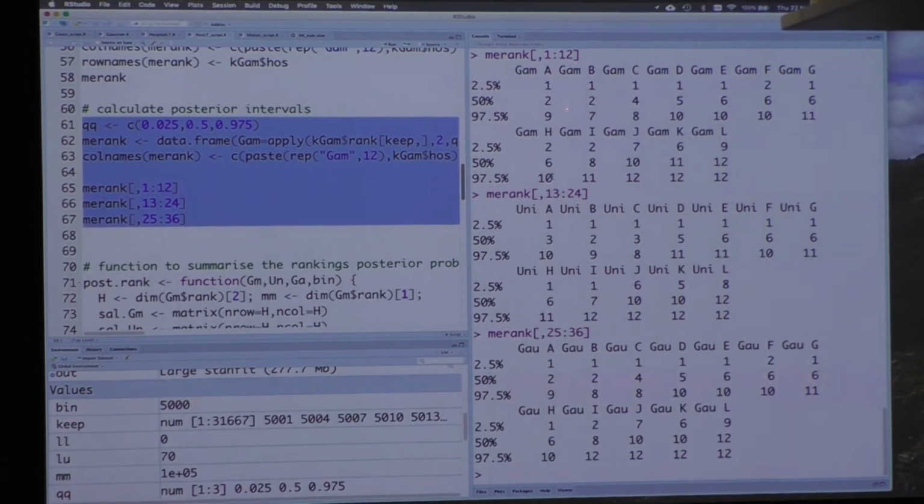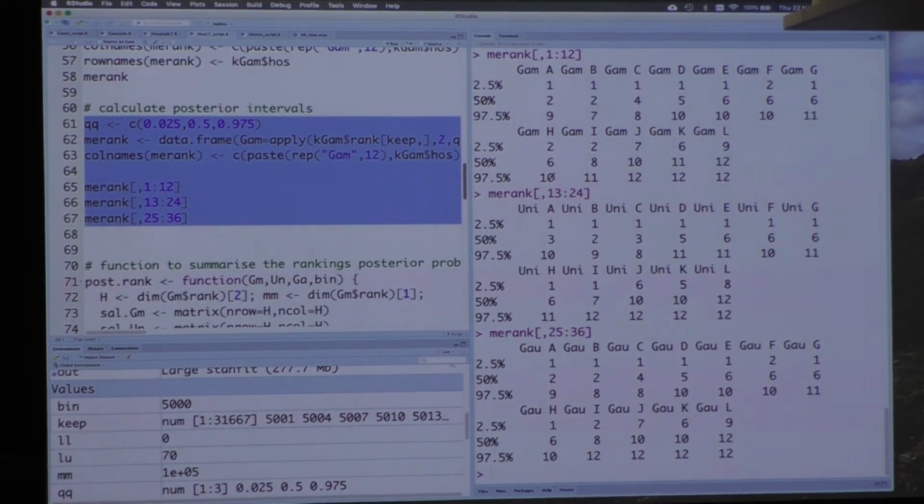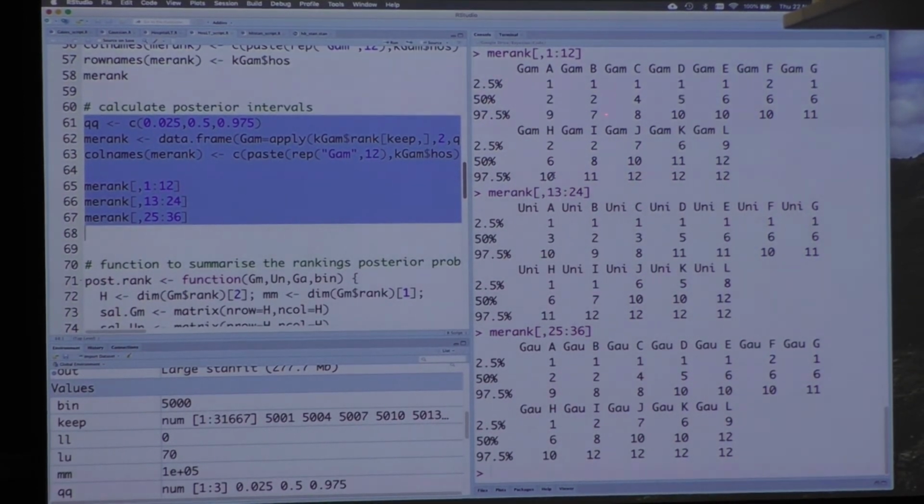So what you can see is that even for the hospitals that are ranked high, the credible intervals, the probability intervals, are really, really wide, right? So once you bring in measures of uncertainty into the decision process, you can see what we saw graphically, that, for instance, Hospital I has probability 0.95 to be ranked in between 2 and 11, actually, right? Which is quite similar to hospital H, right?